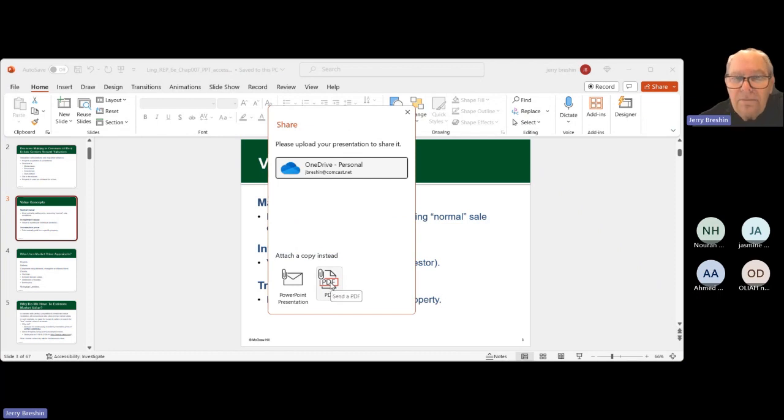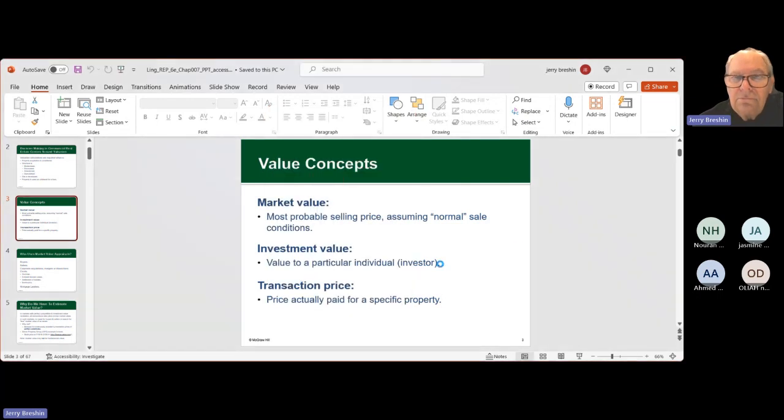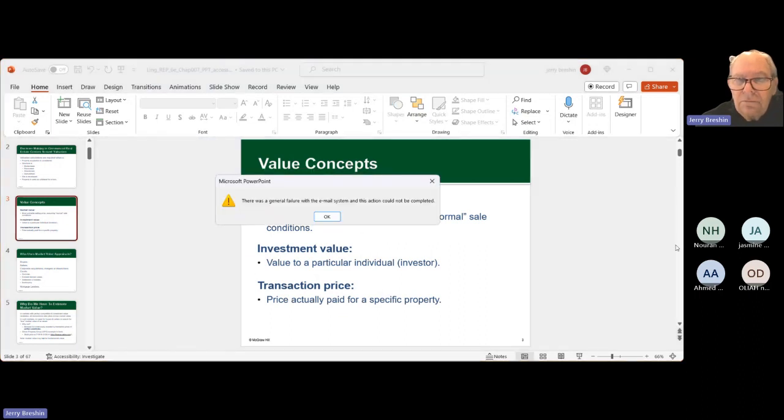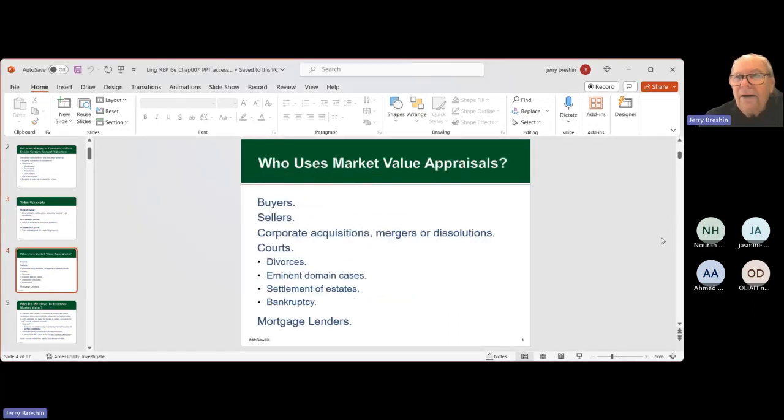Or is it on my side? I'm not quite sure. I believe it's sharing, but you can see the PowerPoint. Yes, but you are blocking the PowerPoint.